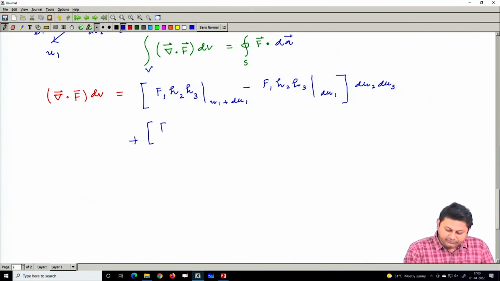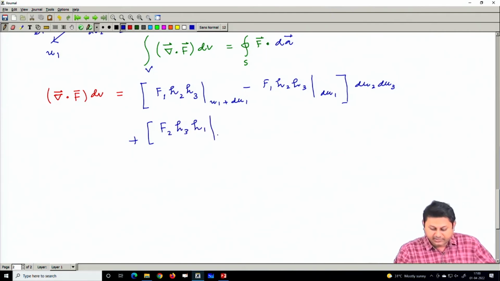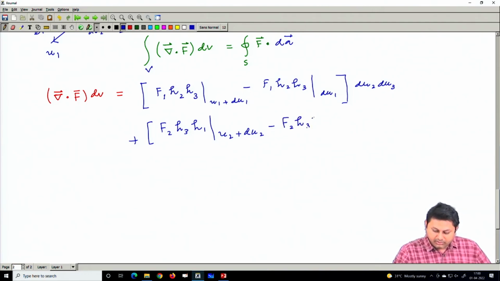I should have f2 h3 h1 evaluated at u2 plus du2 point minus f2 h3 h1 evaluated at u2, and the surface element I am calculating is du3 and du1. So, it should be 3 and 1.